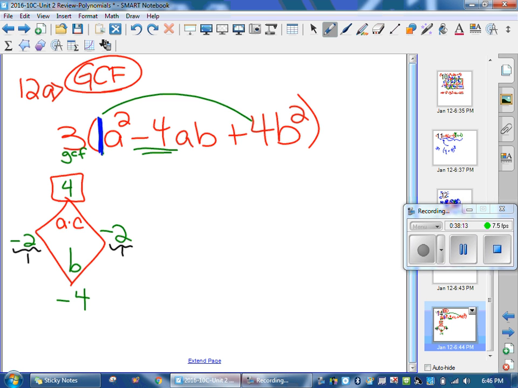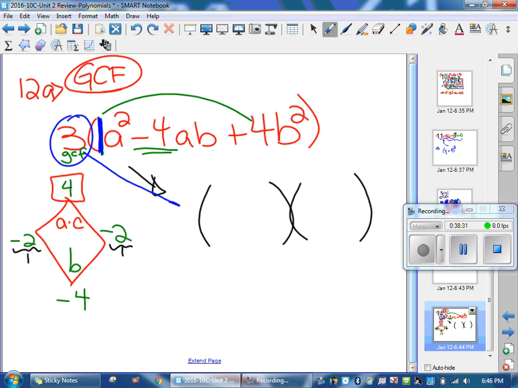We've created our 2 brackets. Our original GCF, the 3 that we took out, has to slide in front and go in front of our first bracket. I take a look and see what variable it is that I've used. I've used an a. It's going to start both brackets. I take a look at the back. I have a variable at the back, so it's going to be at the end of each bracket.